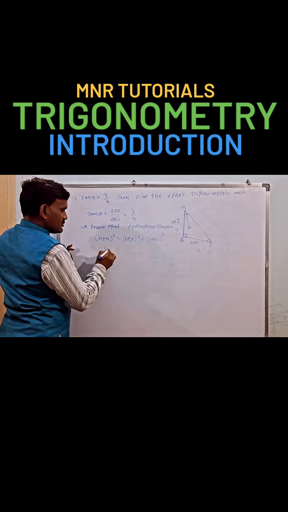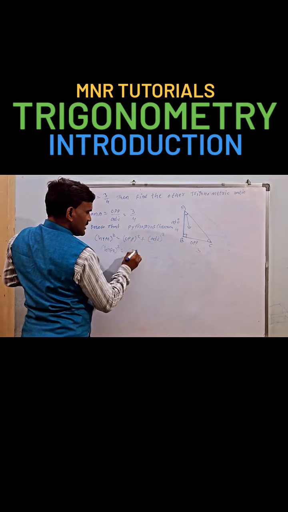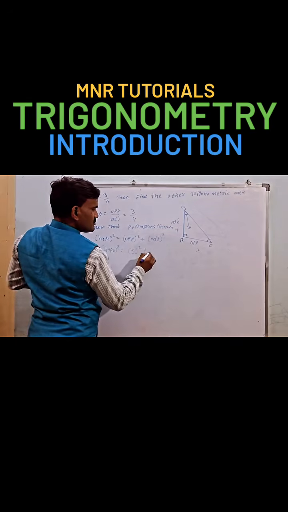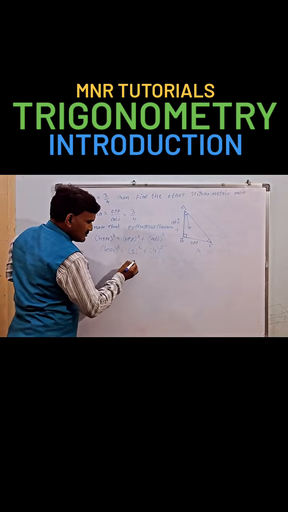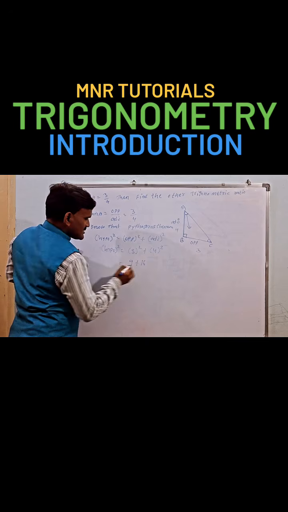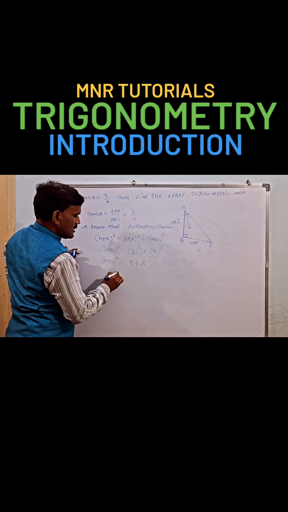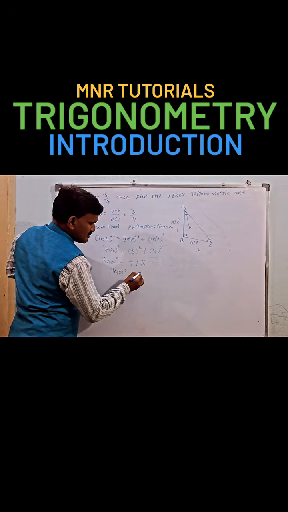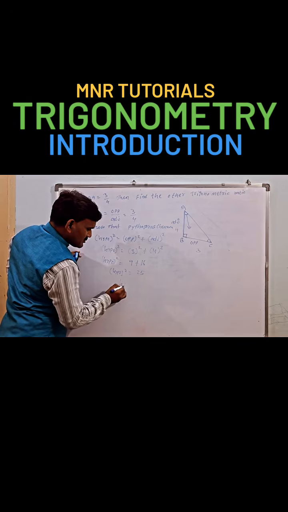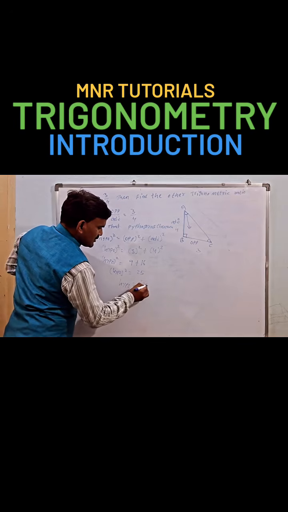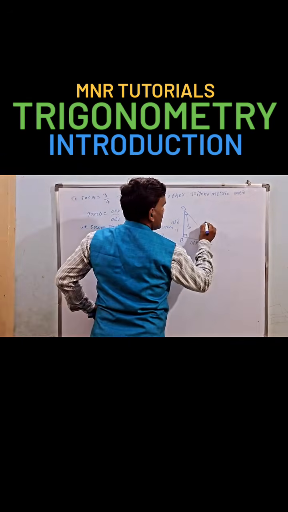So the hypotenuse square equals 3 square plus 4 square. 3 square is 9, 4 square is 16. Hypotenuse square equals 9 plus 16, which is 25. Taking the square to the right side, hypotenuse equals the square root of 25, which is 5. So the hypotenuse value is 5.